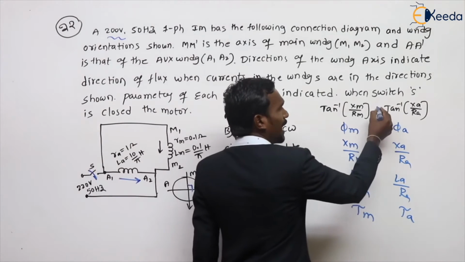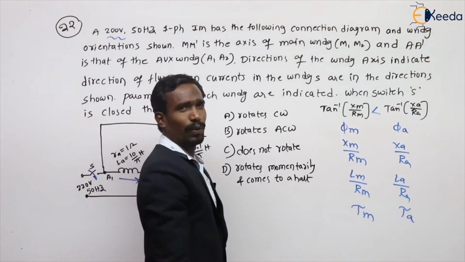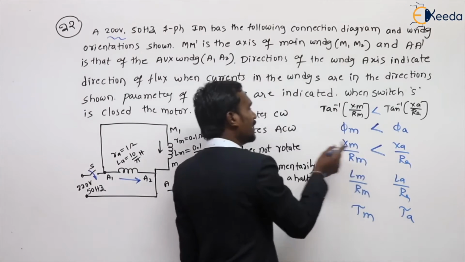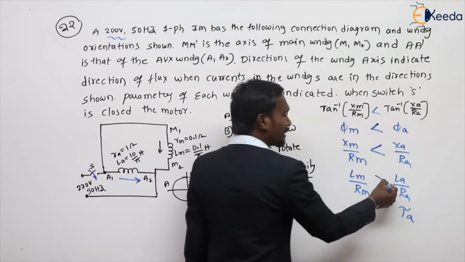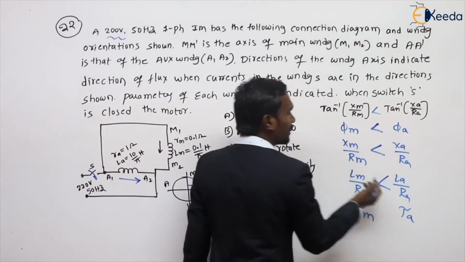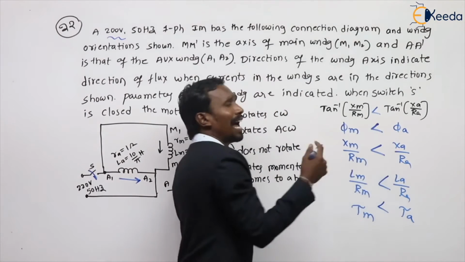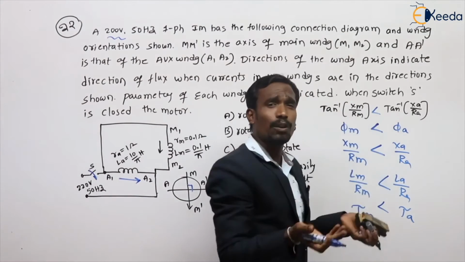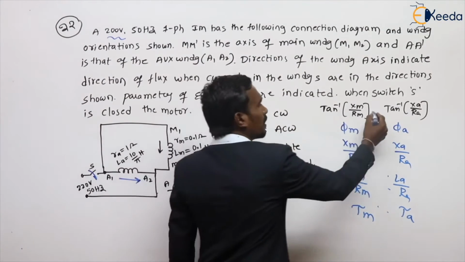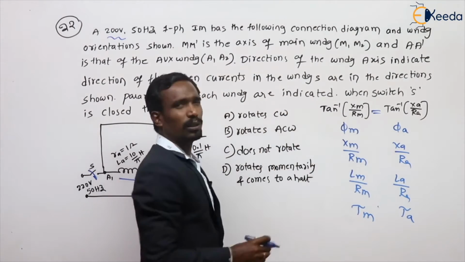If this value is greater than this, then it rotates anti-clockwise. If these are greater, clockwise, but if this is greater than this, anti-clockwise. If all these are equal, then no rotation. Like that we have to conclude.